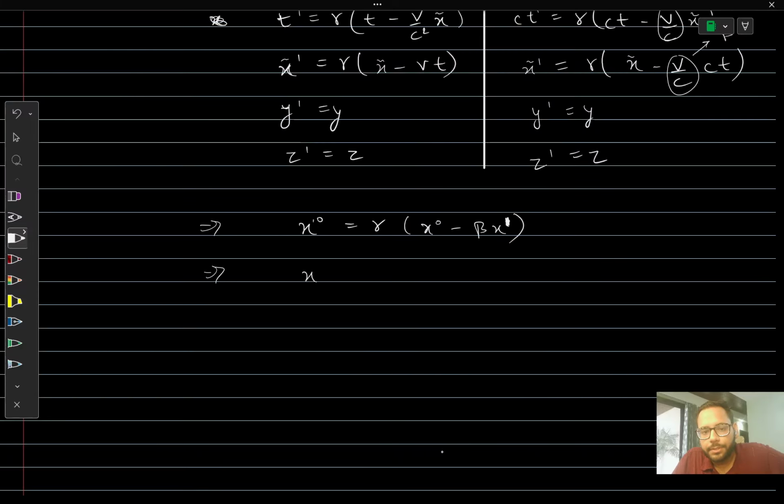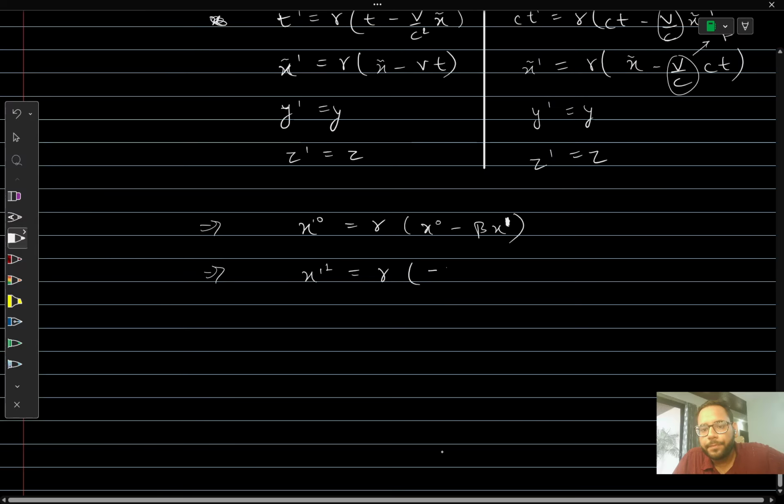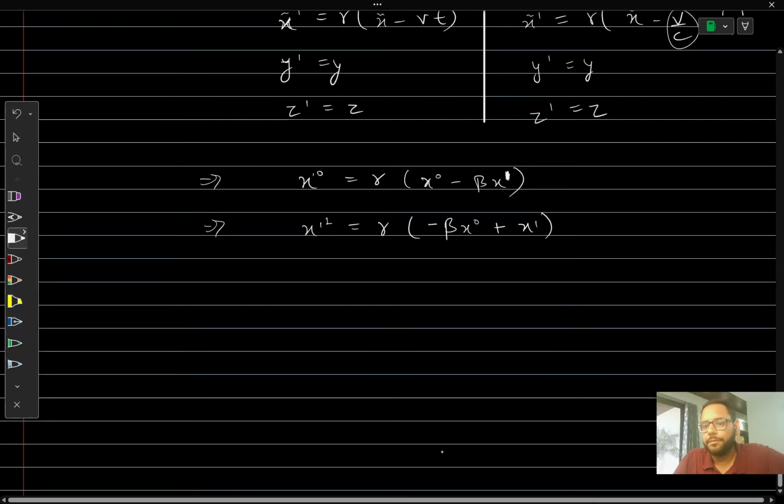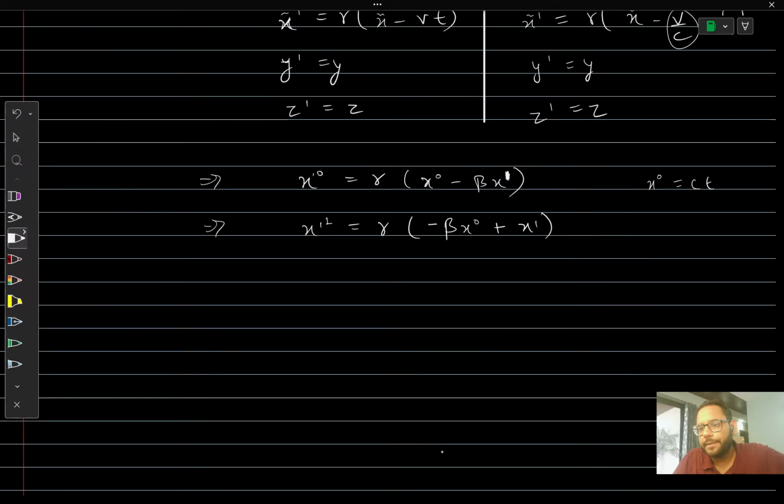So this is one component again, and I will have now minus beta x0 plus x1. You can check it. Where x0 is my ct, x1 is x tilde.